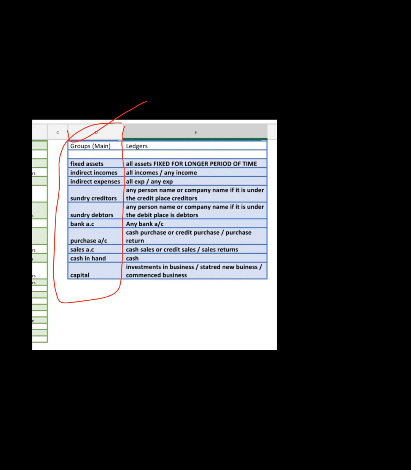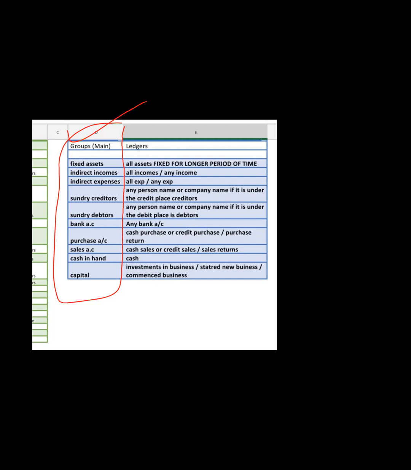If a person's name is mentioned on the debit side, you have to take that one as a sundry debtor. Any bank, it may be ICICI Bank, HDFC Bank, Canara Bank, Karnataka Bank, SBI Bank, any, you have to take that under the bank account only.